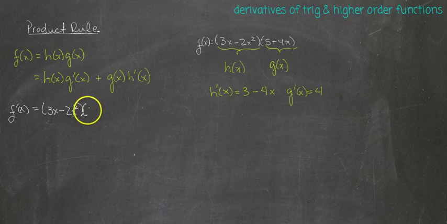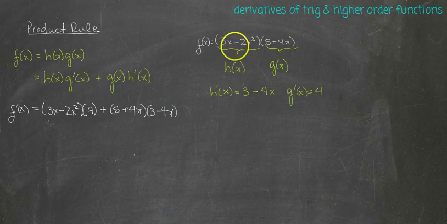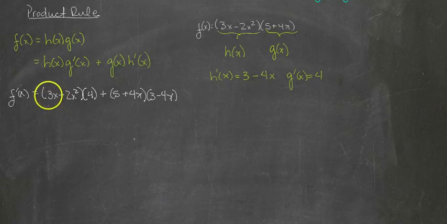So g prime of x was 4, plus g of x as it originally was, 5 plus 4x, times h prime of x, which is 3 minus 4x. Now we have a little bit of algebra to do, but I think we can all agree that I don't want to put this through the limit fraction. So let's just get at it.